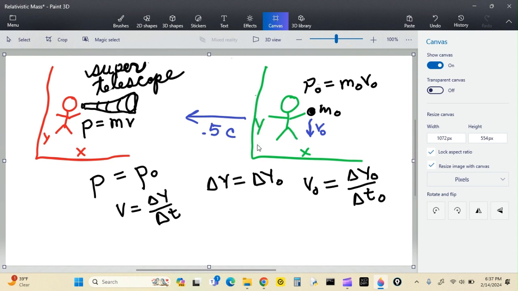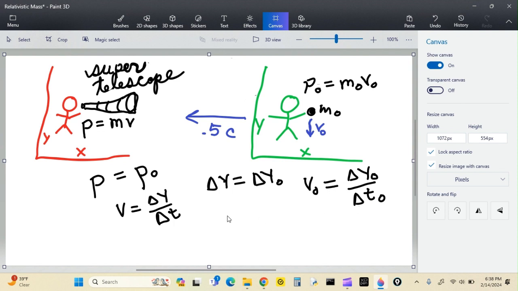Now, we chose this in a very specific way because y isn't moving anywhere with relation to red man. So red man, when he sees y go up and down, it's going to be the same as it is for the green man. So the y's, I chose this for that very specific reason. Now, if we look at that, because of that, I say that velocity is the change in y over time, just like it's the change in green man's y over time.